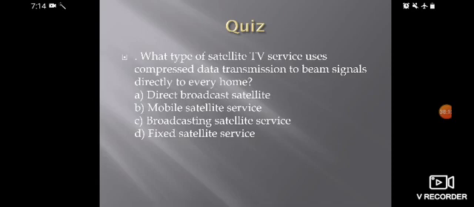So what is the answer? That is A, direct broadcast satellite. Why? Because we are all well aware of direct to home services, which are provided by direct broadcast satellite. Okay, that is the answer.